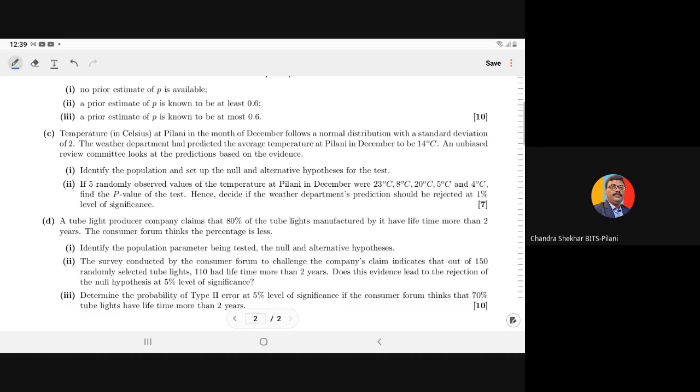Then in the second part, a survey conducted by the consumer forum to challenge the company's claim indicates that out of 150 randomly selected tube lights, 110 had a lifetime of more than 2 years. Does this evidence lead to rejection of the null hypothesis at 5% level of significance?